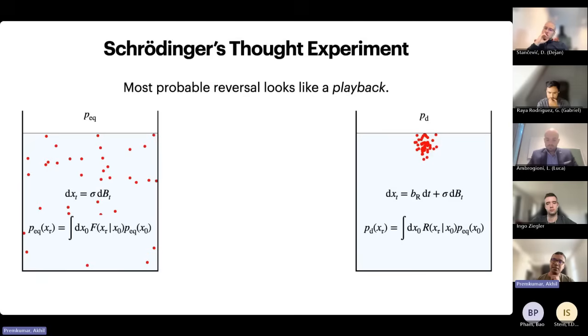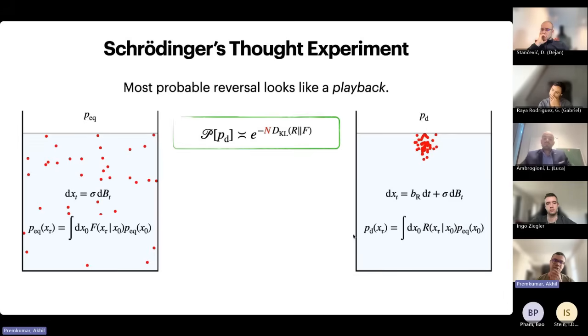So the reverse process has a transition kernel that corresponds to R, which means that R, when applied to P equilibrium, brings you back to the data distribution. So Schrodinger's result is the following: the probability of getting PD from P equilibrium, or the probability that the system automatically fluctuates from P equilibrium back to PD, has this asymptotic form, right?